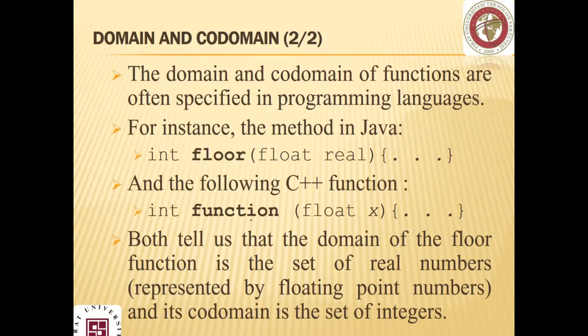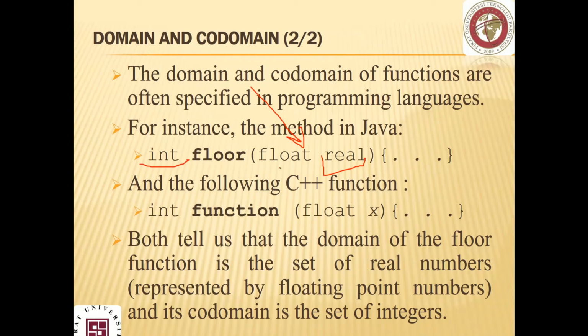All right, let's move a bit. We have also other practical examples from computation, or you can say programming languages. Think about this method in Java, the floor in Java. The floor in Java receives a floating point input as an argument here. It's a real number, and it removes the decimal point and gives you an integer output.